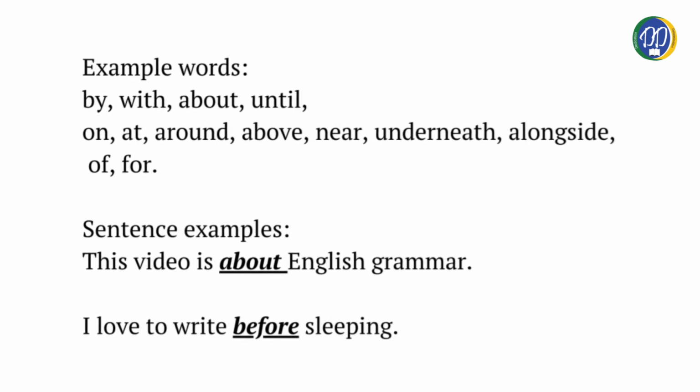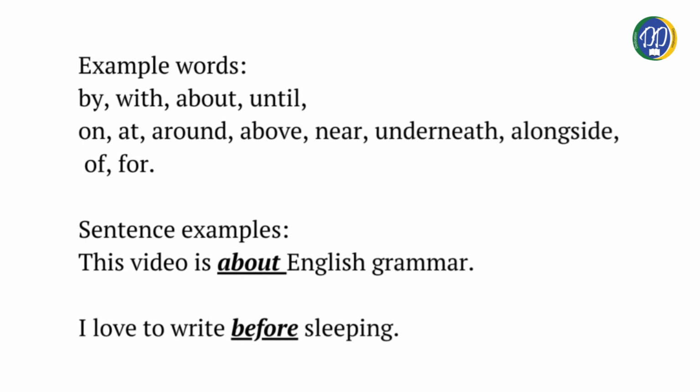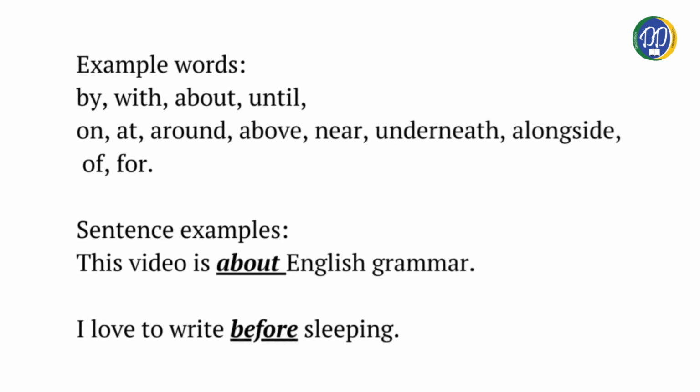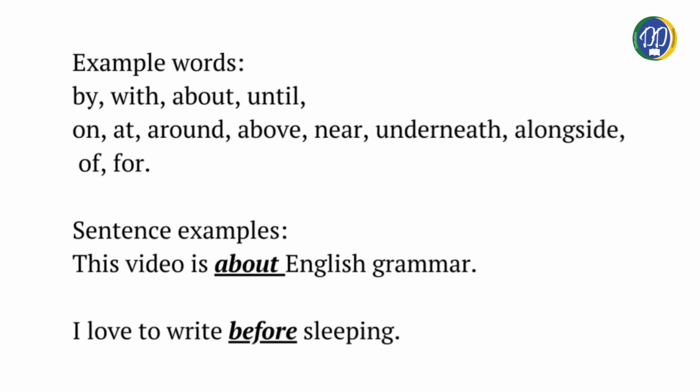A few preposition example words are by, with, about, until, on, at, around, and etc. like this. And the sentence example: this video is about English grammar. Here, in the sentence, the preposition word about tells the relationship between the video and the English grammar.